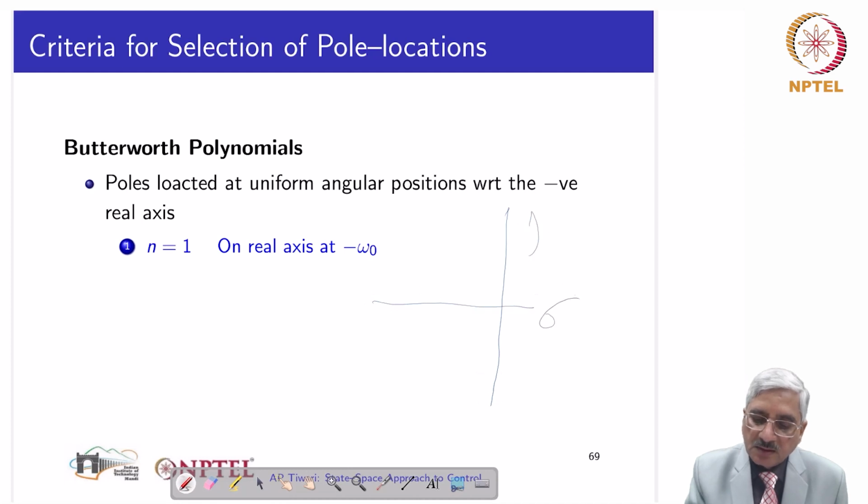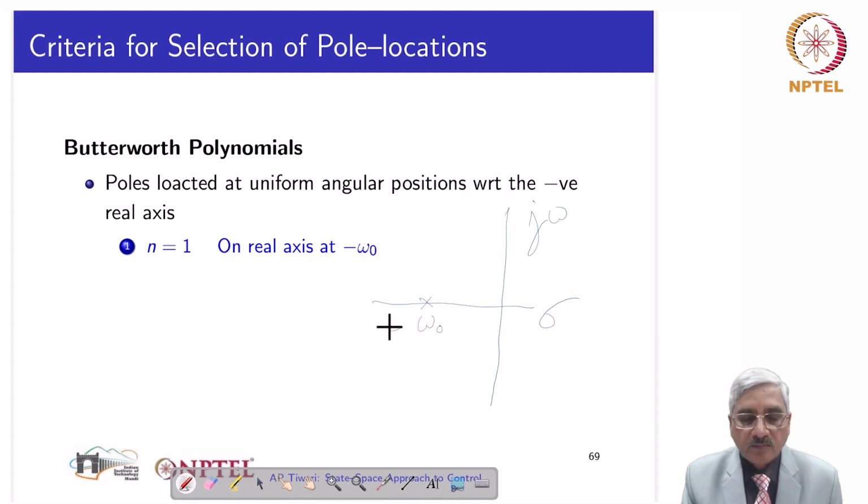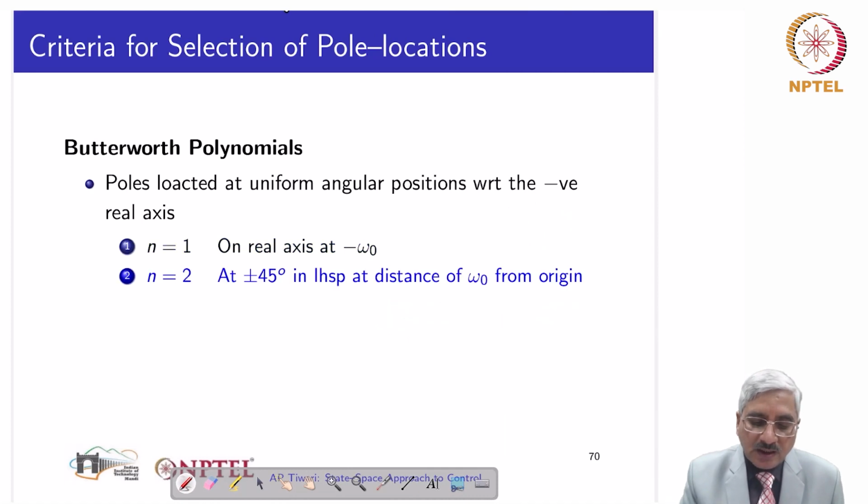The last one is the Butterworth type polynomials that can be selected, and in this it is like this. This is the sigma, this is j omega axis. If the system is of order 1, then the pole has to be selected at omega 0 like this. If the system is of order 2, then 2 poles are to be selected at 45 degree angle. This angle is 45 degrees.